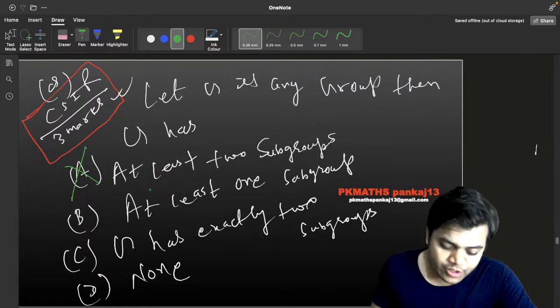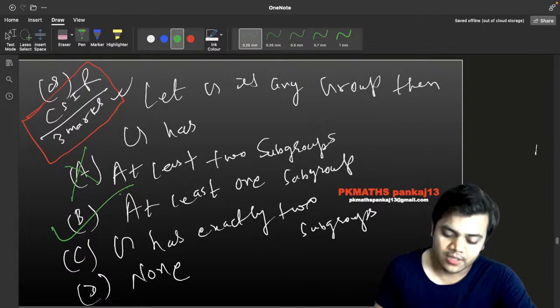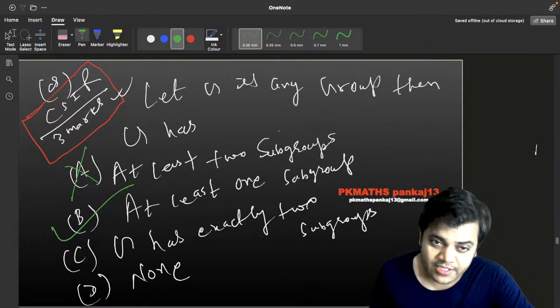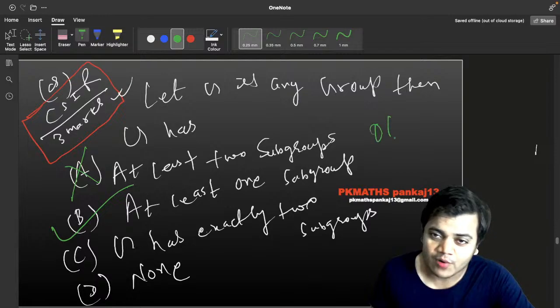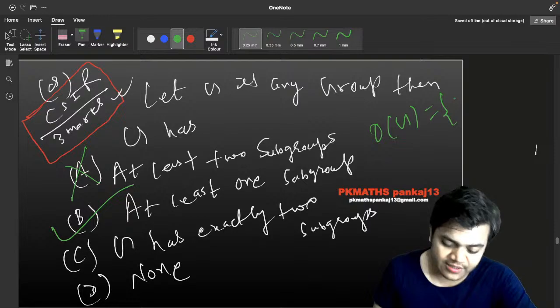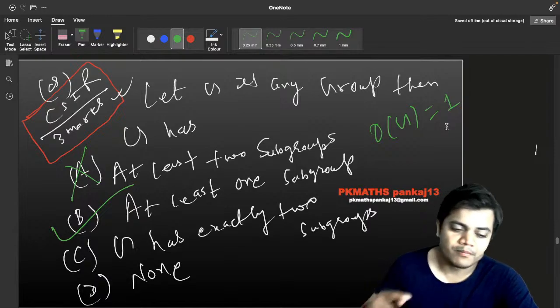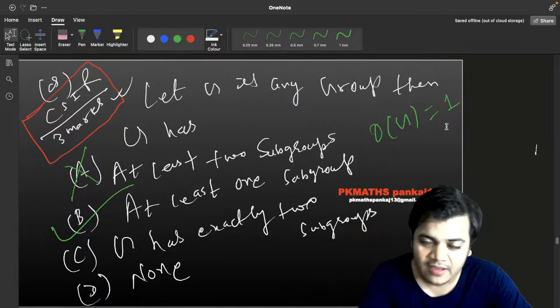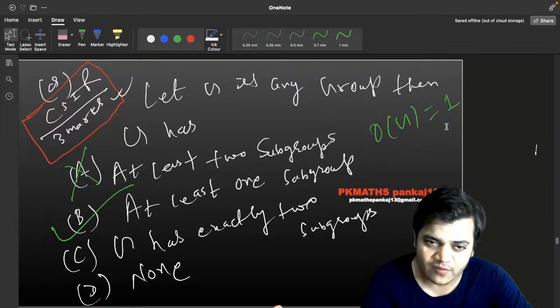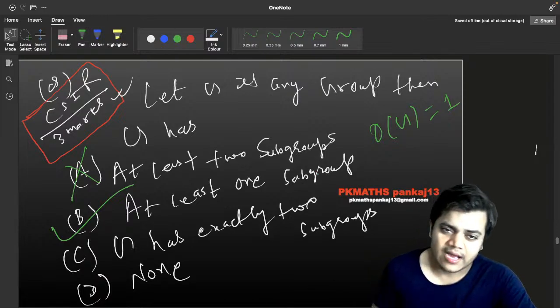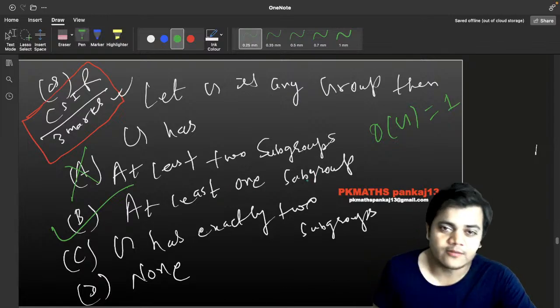But the right answer is at least 1 subgroup, because there is a possibility that the group will have only 1 element, the identity only, isn't it? The order of the group may be 1 only, and exactly, at least 1 subgroup will be there as the answer.